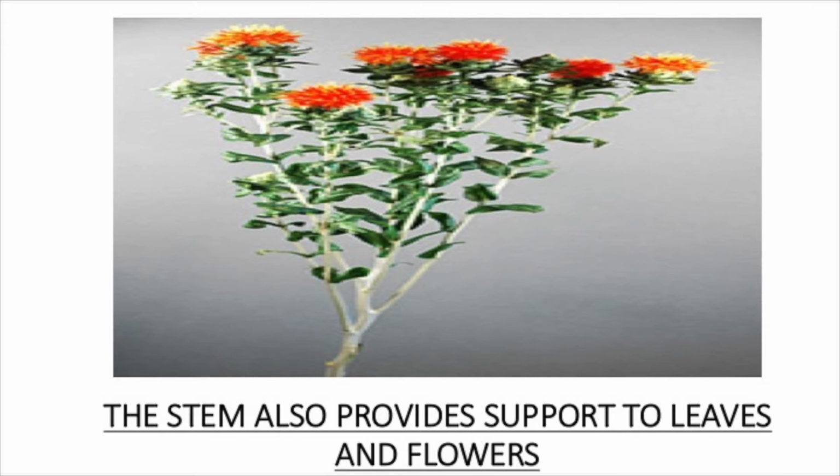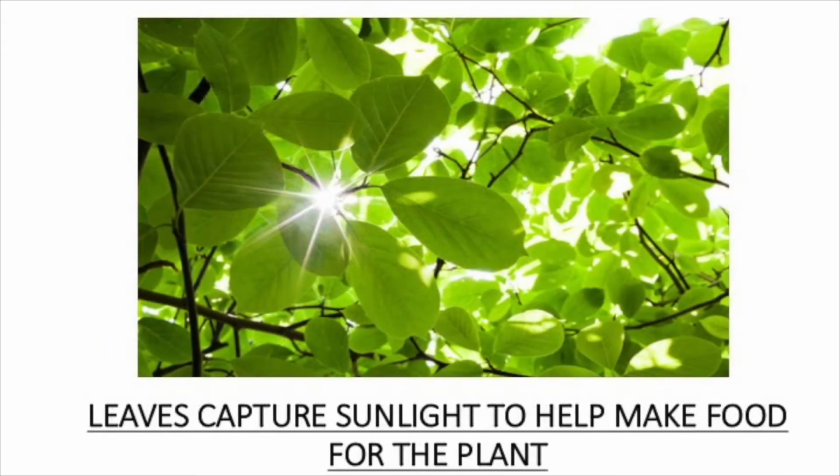You can see all these pretty flowers here on the top, and they're all growing off the different parts of the stem. Leaves capture sunlight to help make food for the plant. Yes, that's why the leaves are usually high up top, so that when the sun shines, the leaves can collect the sunlight.